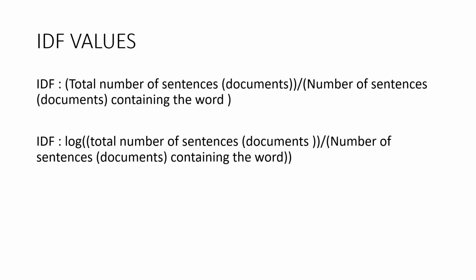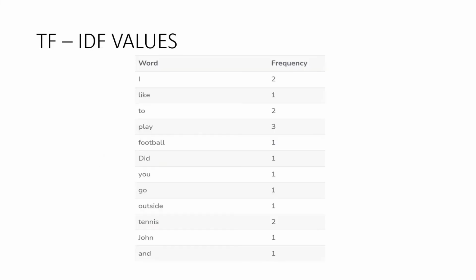To find the TF-IDF value, we first need to create a dictionary of word frequencies as shown here. This is the word frequencies. You can see the word I has frequency 2, like is 1.